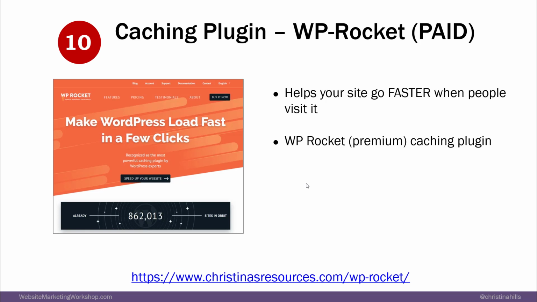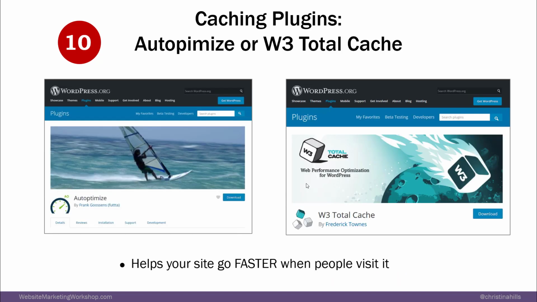It is premium, but it's the fastest one. There are also a couple of free ones that you can use, and it just helps speed your site up. And we all want to have a fast website.